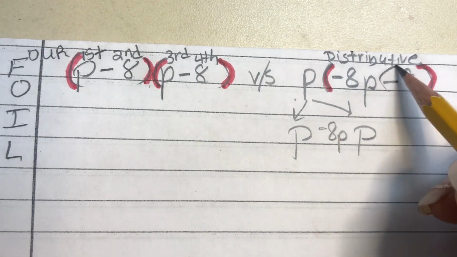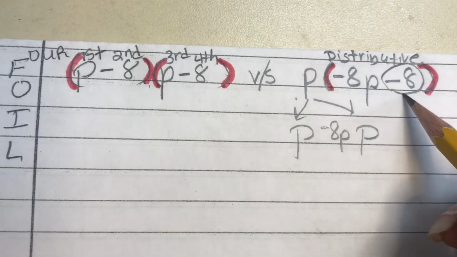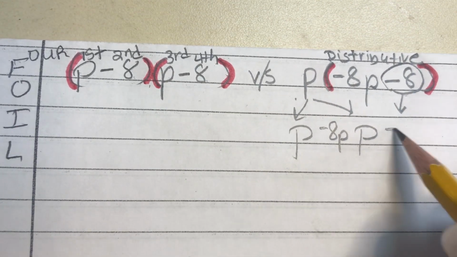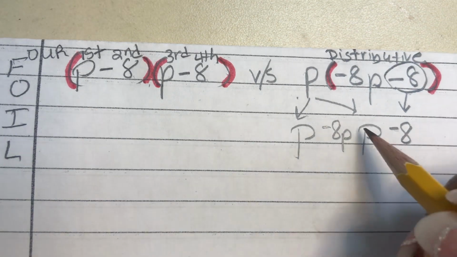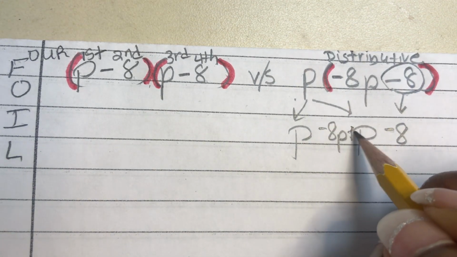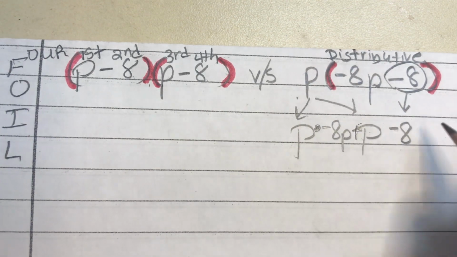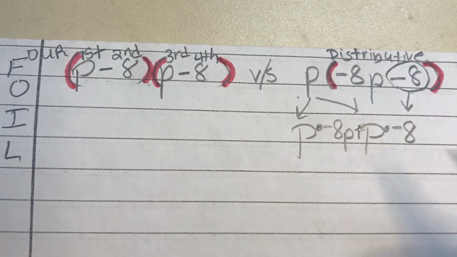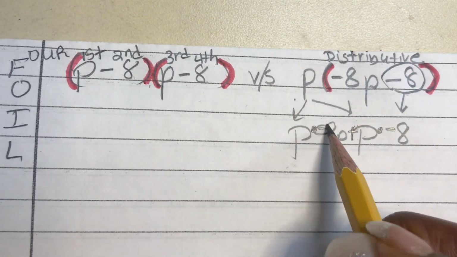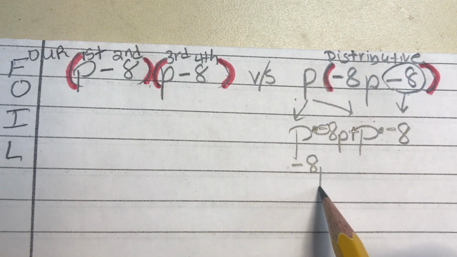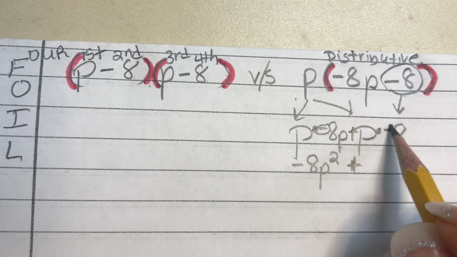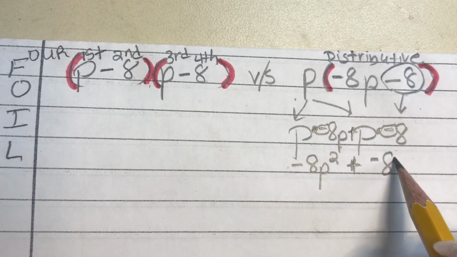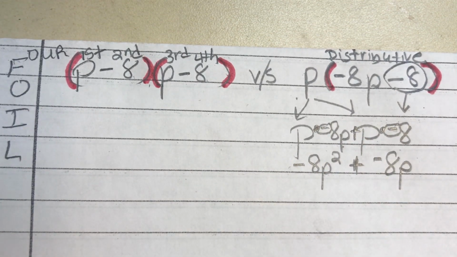The negative and the 8 go together, so I'm going to drop my second number here next to the other outside number. I'm going to put a plus sign and a multiplication dot in between, so that your answer here is negative 8p squared, because there's two p's, plus negative 8p. That is called the distributive property.